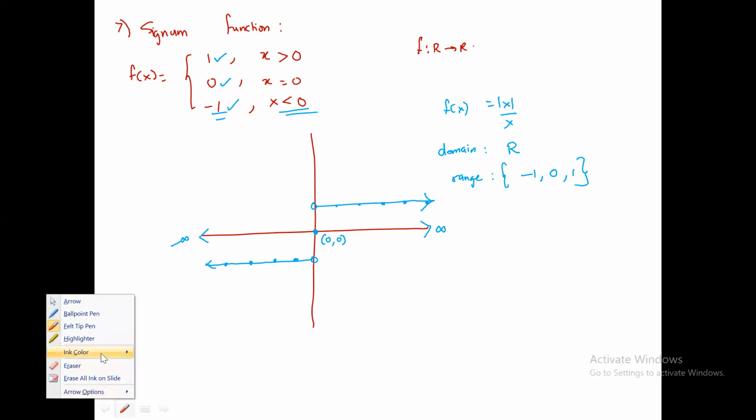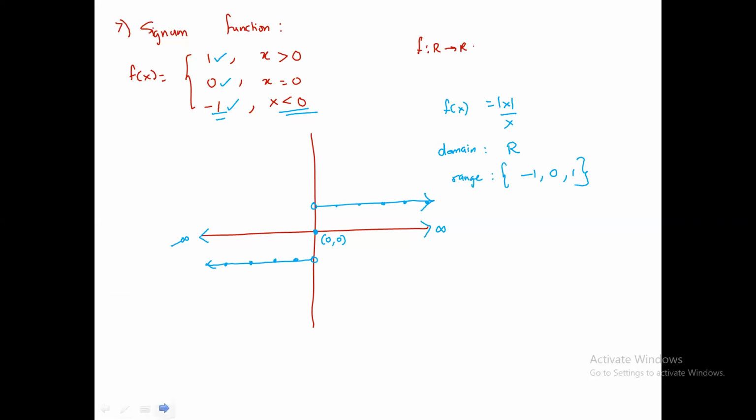Okay, next we will go to eighth function. The eighth function is greatest integer function. Greatest integer function is written like this. F is the function from R to R. But the meaning of greatest integer function is x you take any real number.